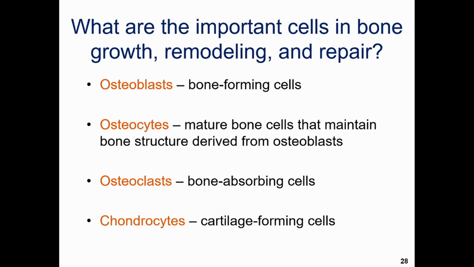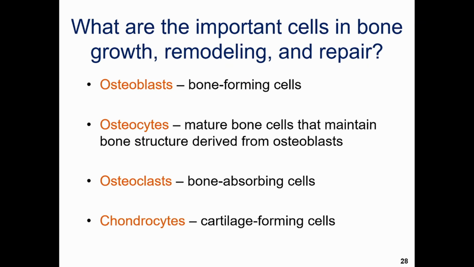The osteocyte, that's been our key example over and over again throughout the semester. If we break it down, osteo means bone, cyte means cell, so these are bone cells that are just doing the daily tasks of bone. And then the osteoclasts. Osteo tells us bone, clast tells us that we're absorbing or breaking something down.